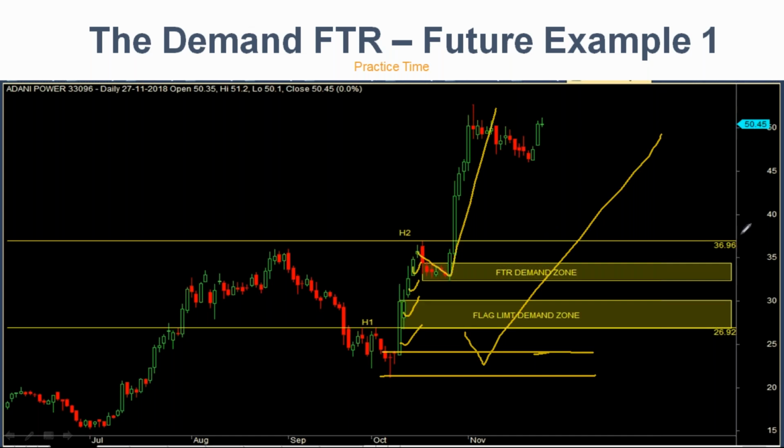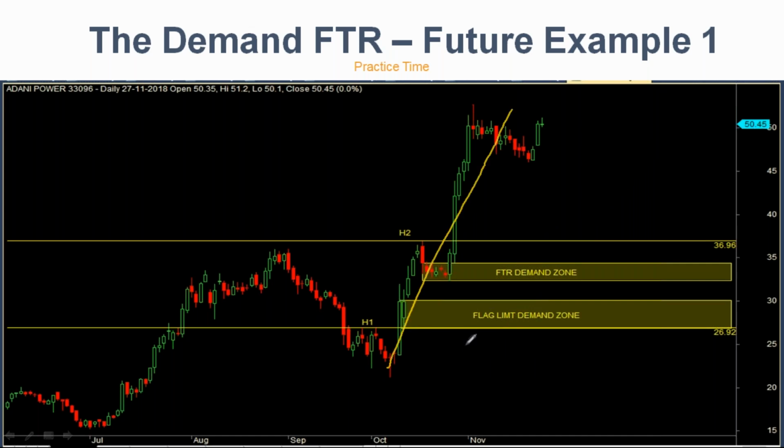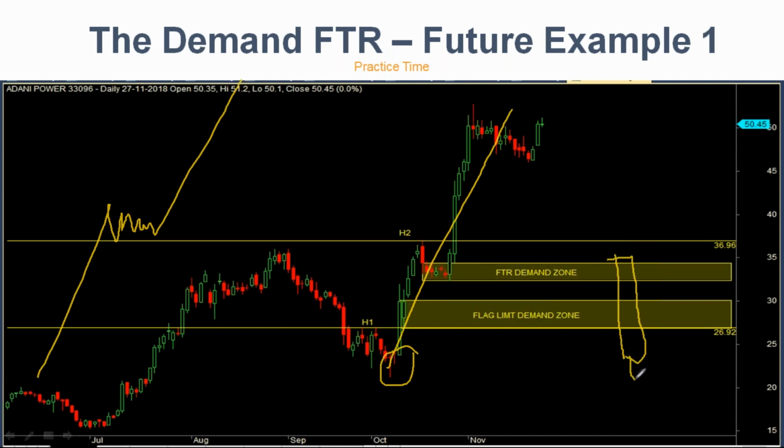What is the origin of the entire journey, friends? Where is the origin of the entire journey? Don't you think this is the origin of the entire journey? What actually is this? Rally, accumulation, rally. How does it look in a monthly candle, friends? It is nothing but one big momentum candle. If you go to a higher time frame, what will you see?